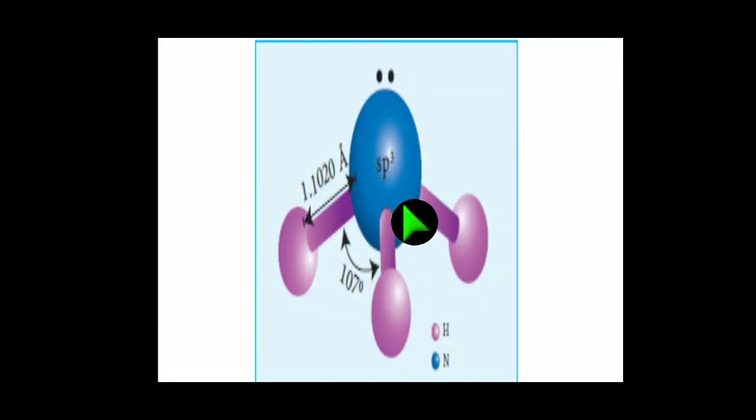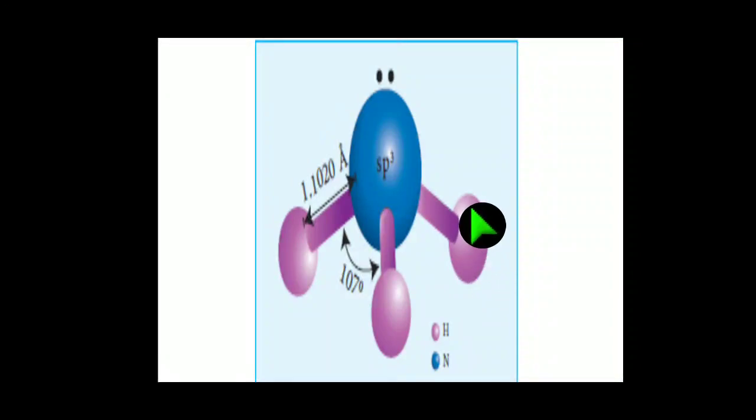This is a structure of ammonia. Here we can find one lone pair, so we keep a dot. It mentions the lone pair of electrons. The dark blue is nitrogen.